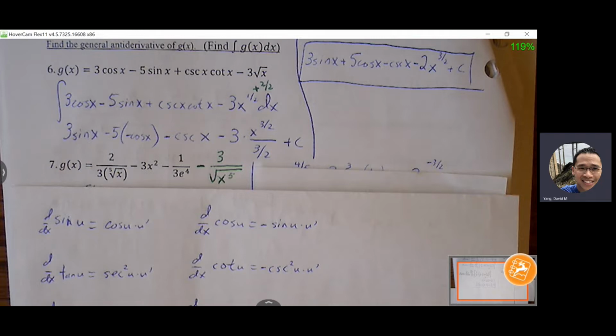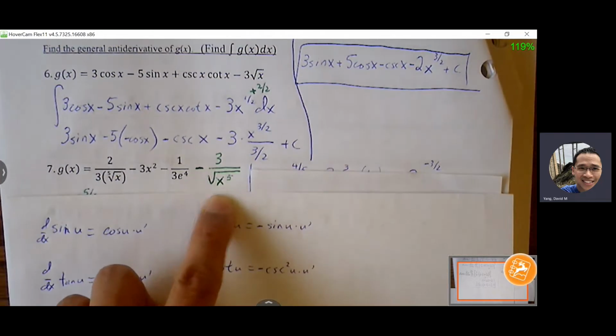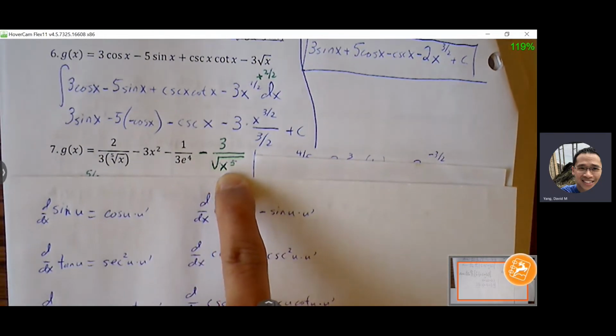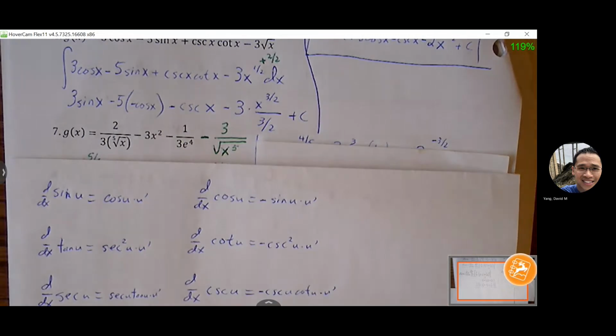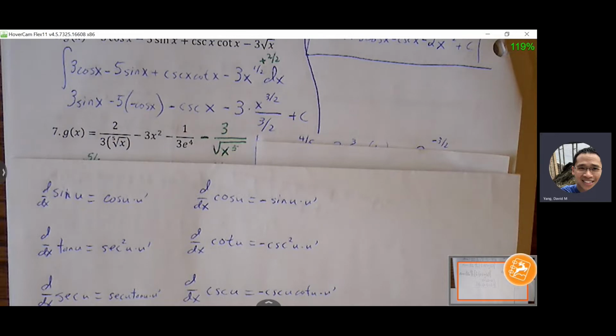Also, I want to make sure that I added this last term because I wanted to make sure that we know how to convert this. What's square root of x to the 5th? That's what a lot of people say, but it's actually what? 5 over 2. Yeah. Eventually it'll have to come up to the top as negative.